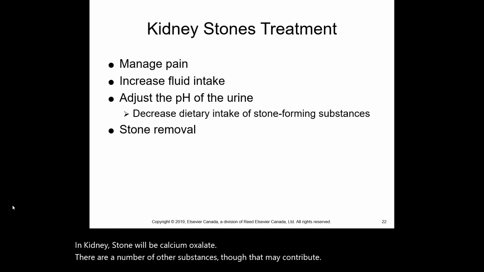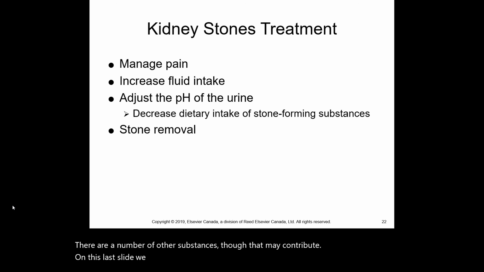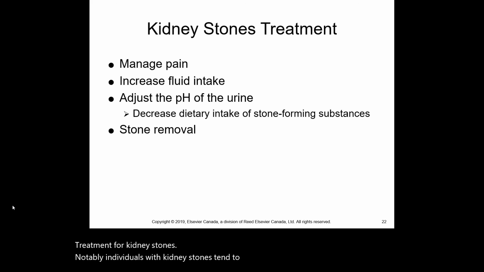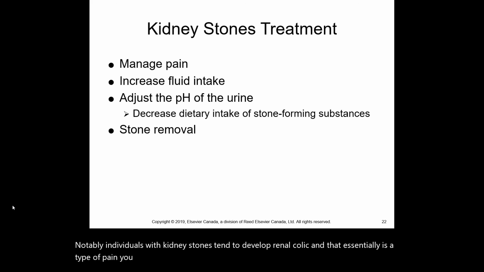On this last slide, we look at treatment for kidney stones. Notably, individuals with kidney stones tend to develop renal colic, and that essentially is a type of pain you get when urinary stones block a portion of the urinary tract.